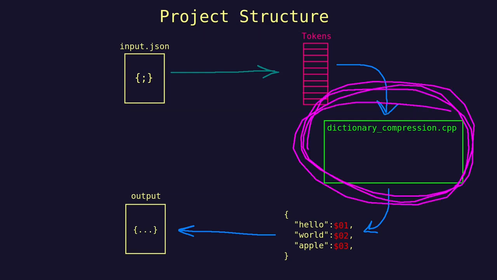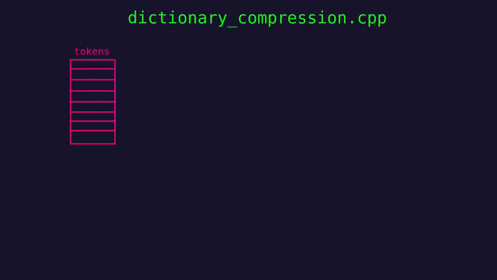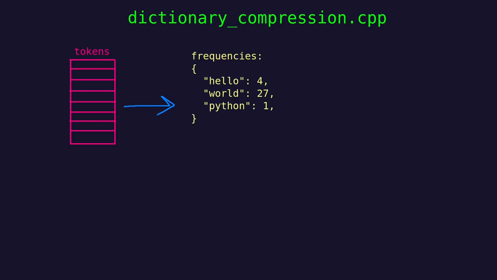So my main focus will be on actually building the dictionary, which is done in this main library here. Basic strategy for converting a list of tokens into a dictionary is this. First, start with the list of tokens. Then iterate through the tokens and count the amount of times each token appears. If you use a hash map, you can do this in one pass or linear time and space complexity. From here, we can decide whether it's worth it to encode each token. In this example, it's not worth it to encode the Python string because there's only one instance of it in the file.